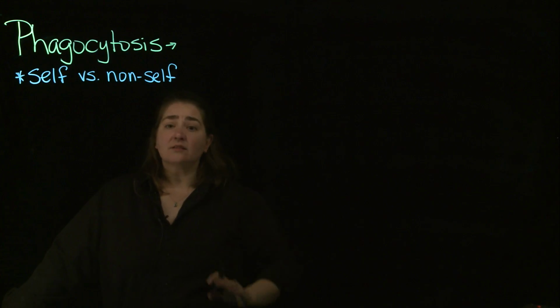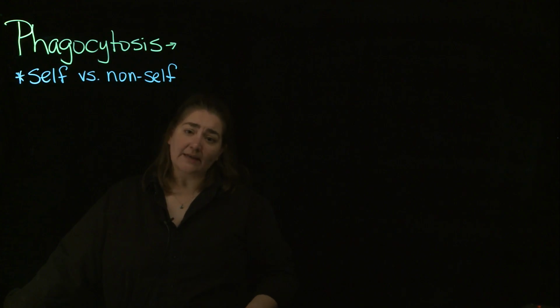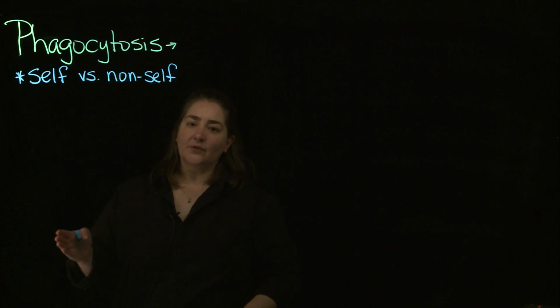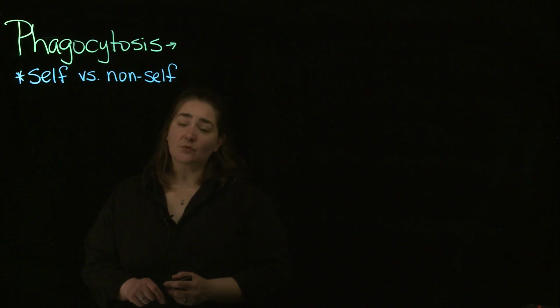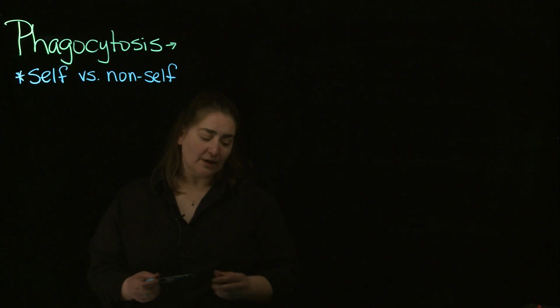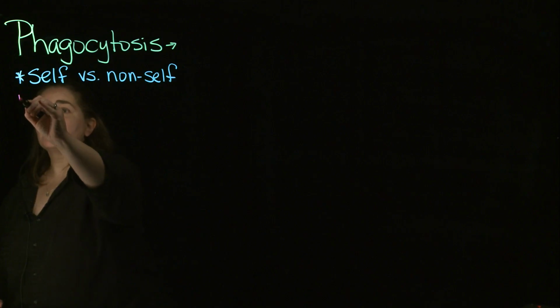So those cells that have the ability to undergo phagocytosis have to have a way to recognize what belongs and what doesn't, okay?